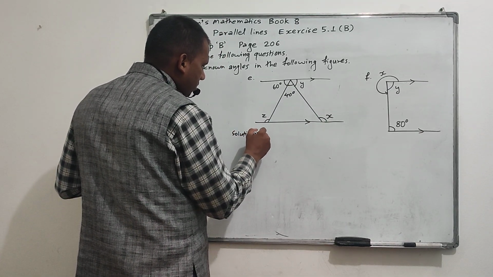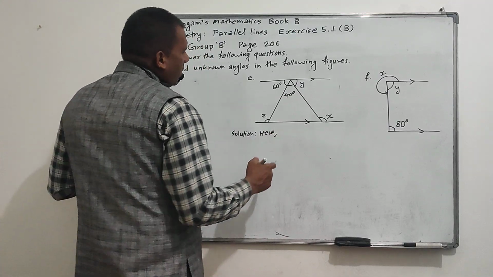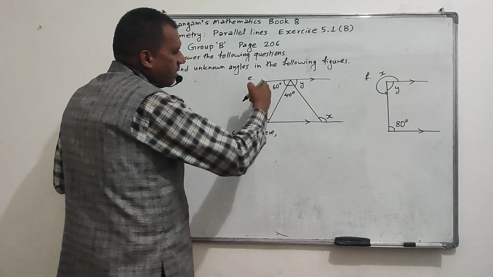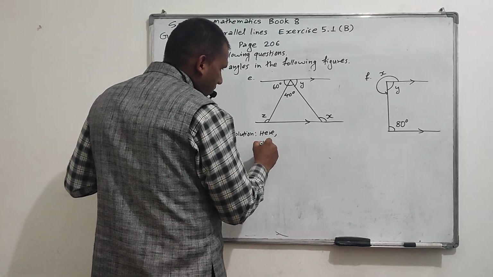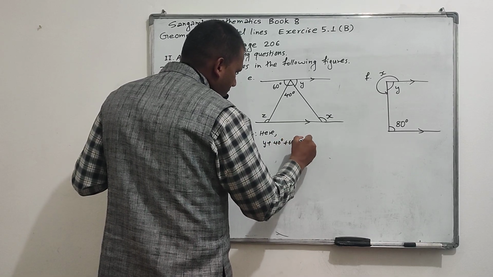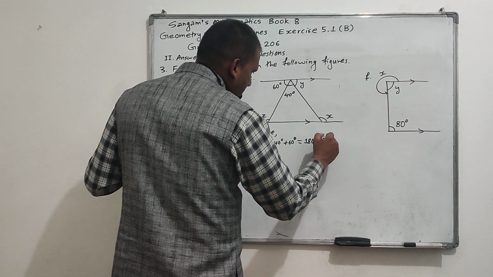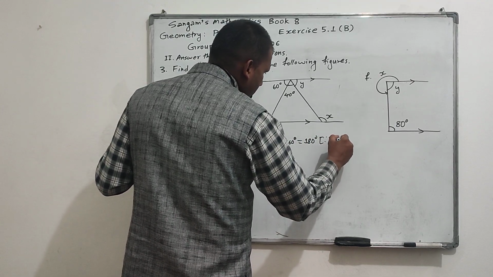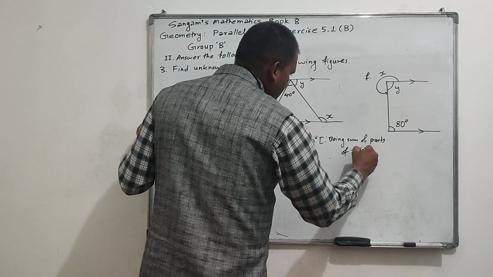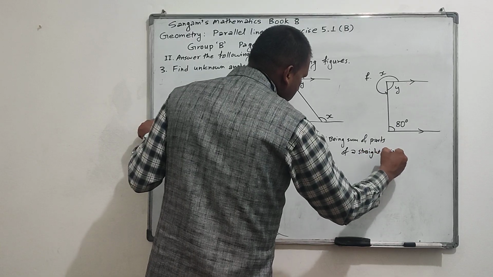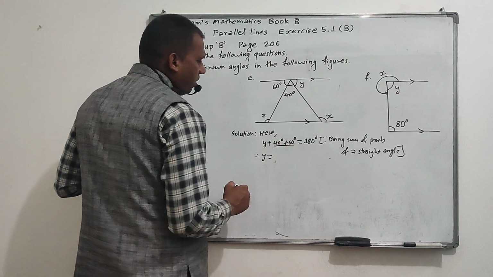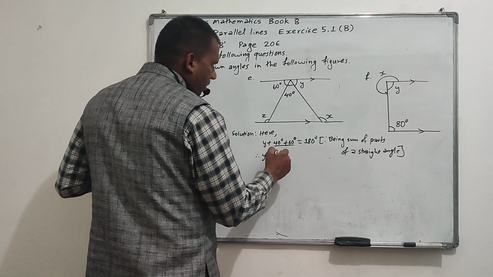Here y, 40 and 60 make a straight angle, so we can write y plus 40 degrees plus 60 degrees equal to 180 degrees, because being sum of parts of a straight angle. Therefore y equals 180 minus 100, 80 degrees.